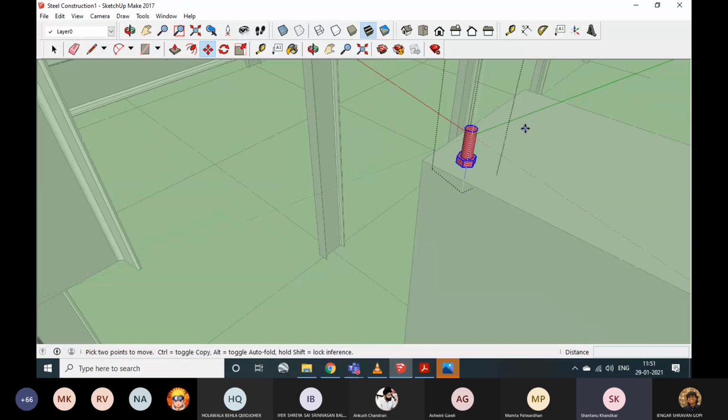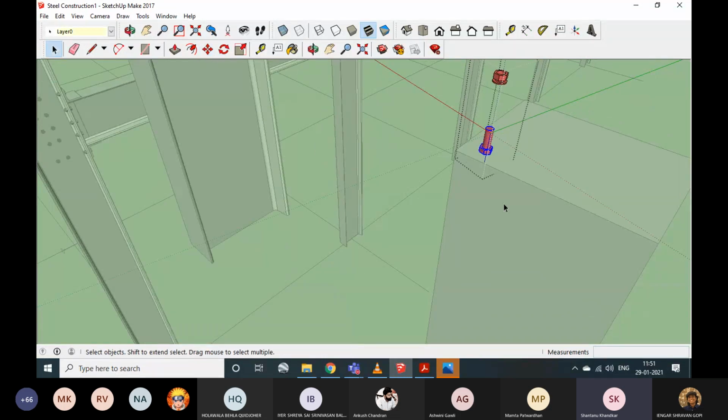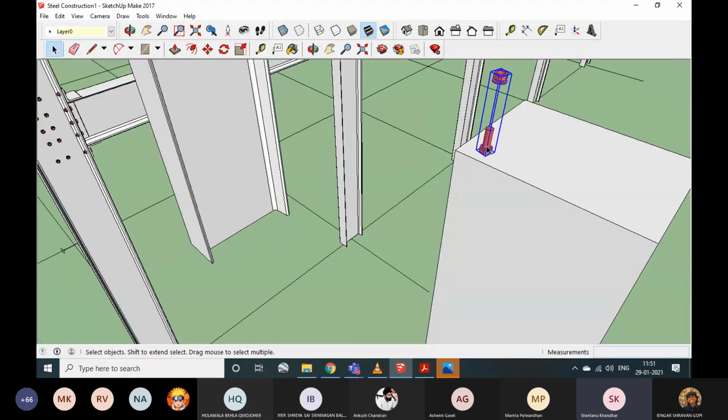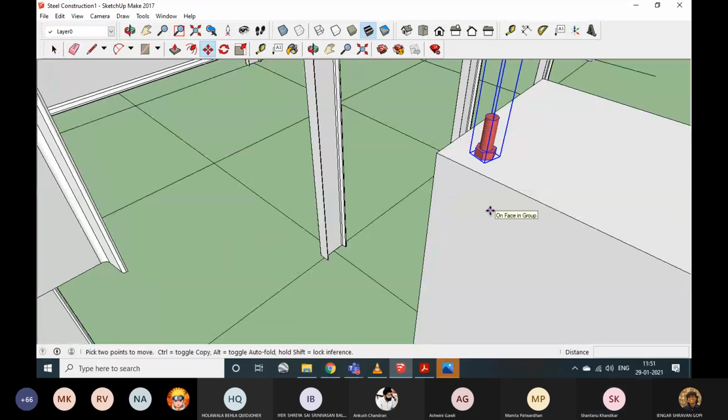It will get embedded into the column, say like this, of course comparatively deeper than this.